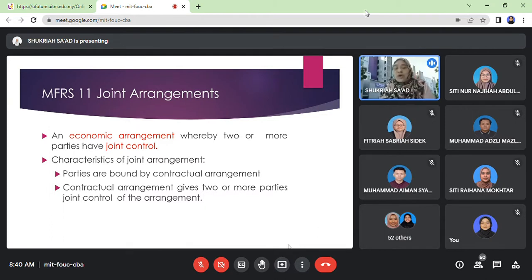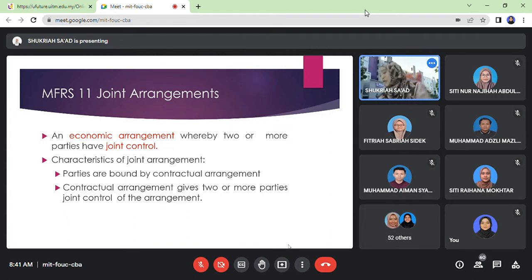So when talking about joint arrangement, basically it refers to an economic arrangement, where the condition is that they must have two or more parties involved in this joint arrangement, where all the parties involved will have joint control.